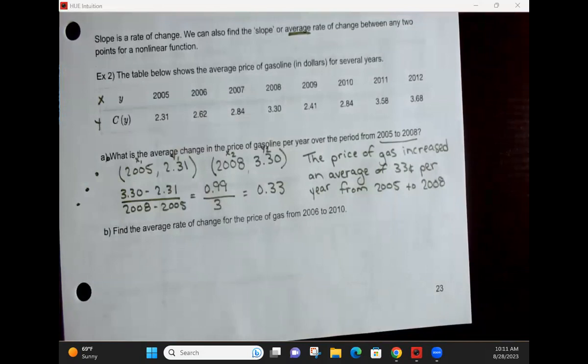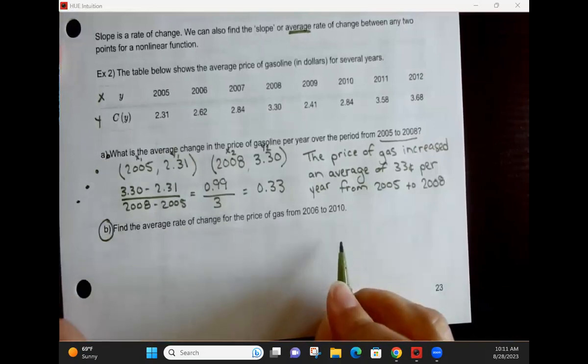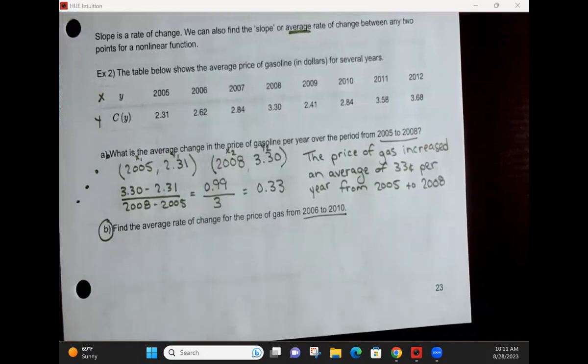Now I want you to find the average rate of change for the price of gas from 2006 to 2010.